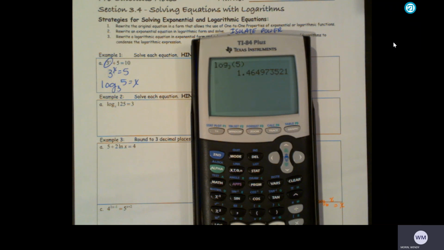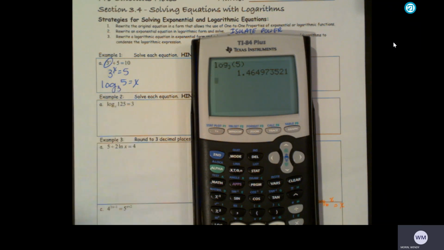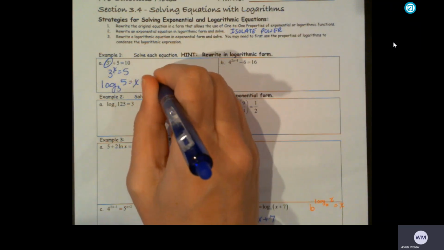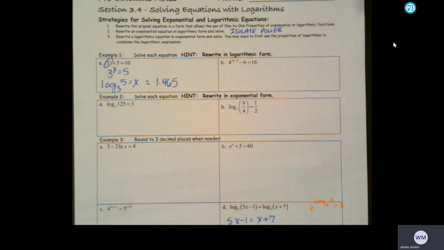Now, use the change of base formula if that's what the question asks you to do, just like we did in the previous homework. If this does not specify that, use any method you want. Once you get x by itself, you can type this into your calculator, any method that is correct. And we're going to round to 3 decimal places. So x is approximately equal to 1.465.